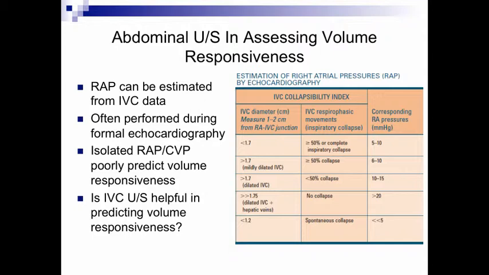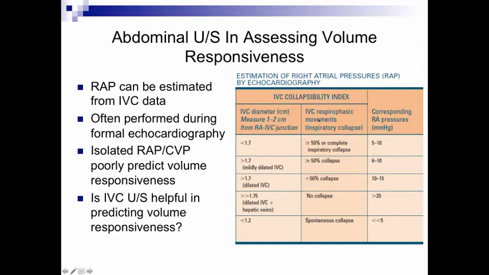And we know that right atrial pressure and CVP data as static numbers are pretty lousy predictors of this. But as part of a standard echocardiographic examination, most of the time the echocardiographer will include some kind of estimate of the right atrial pressure based off of the IVC assessments that they do.